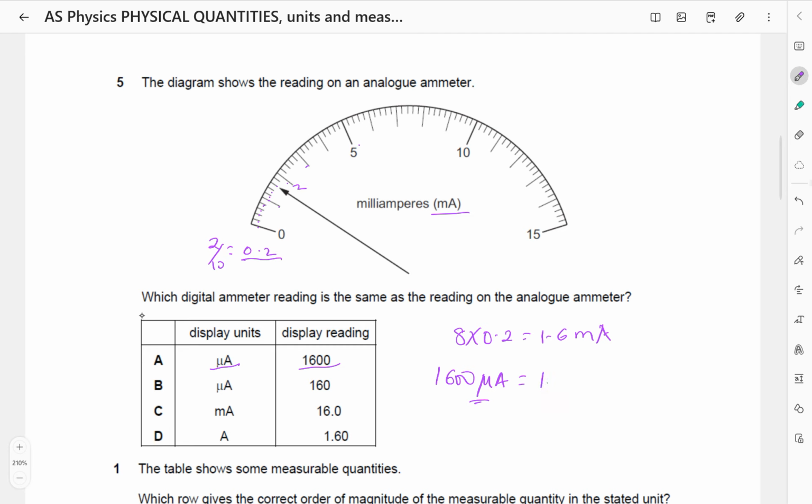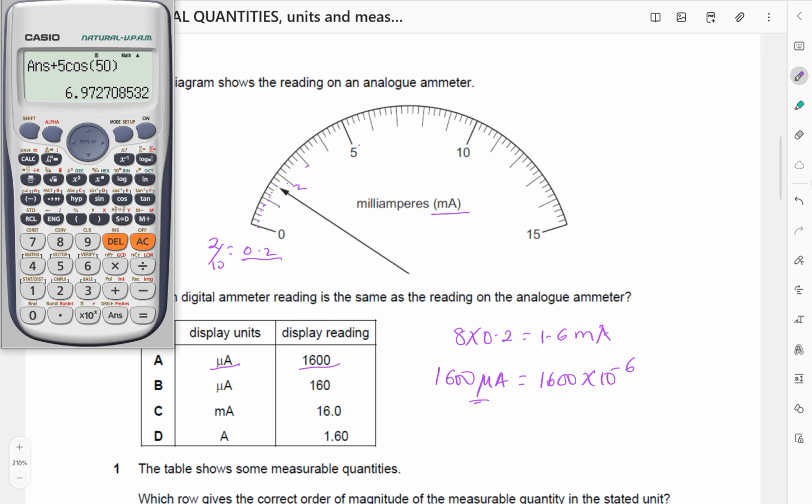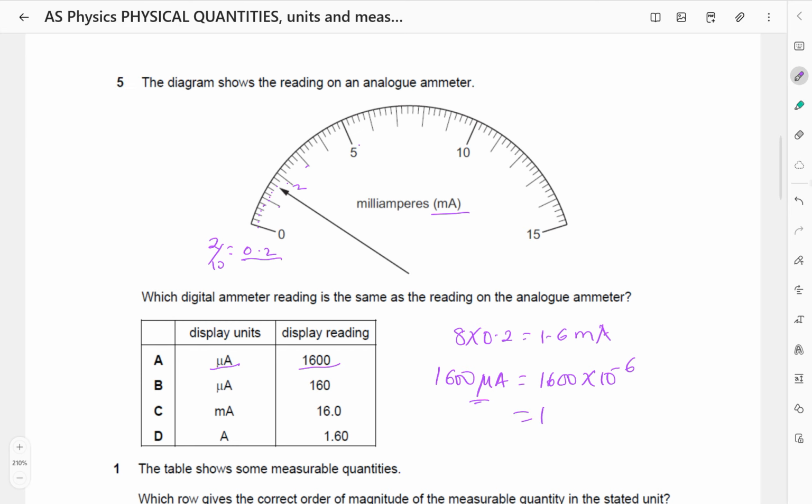So this is 1,600 times 10 power negative 6, which is 1.6 times 10 power negative 3 in amperes. But remember, 10 power negative 3 is milli, so this is 1.6 milliamperes. So the answer is going to be A.